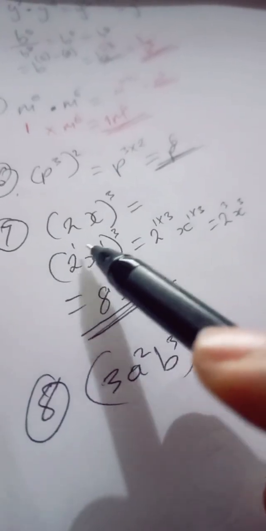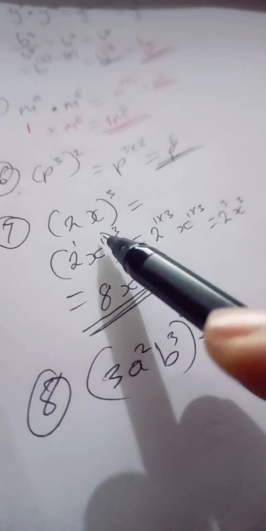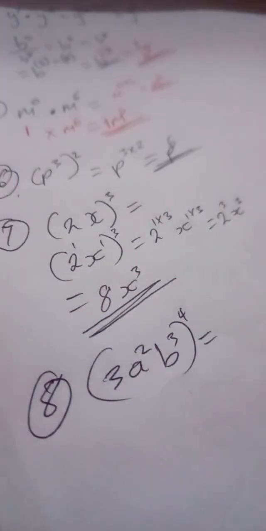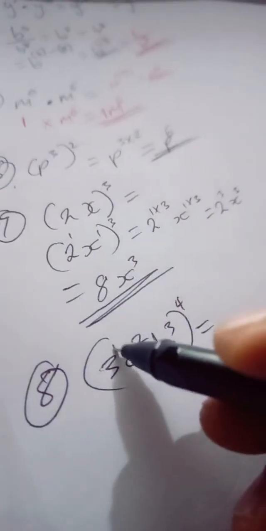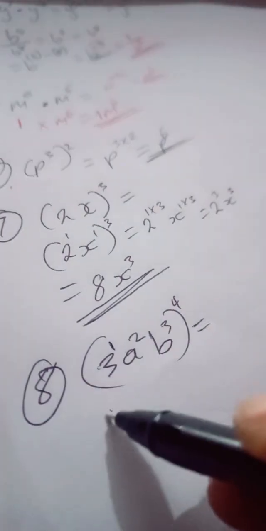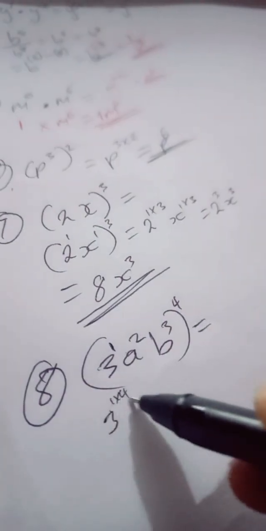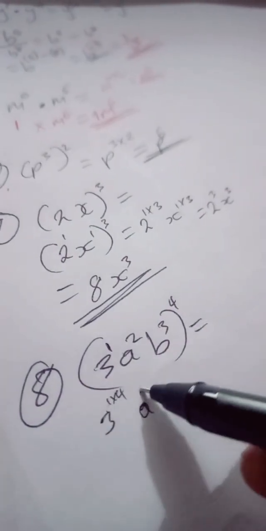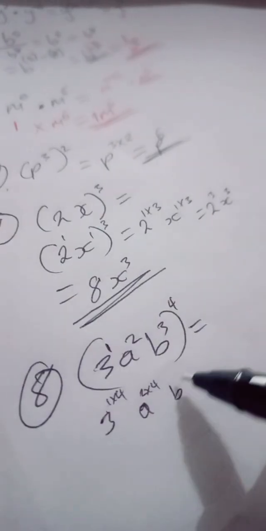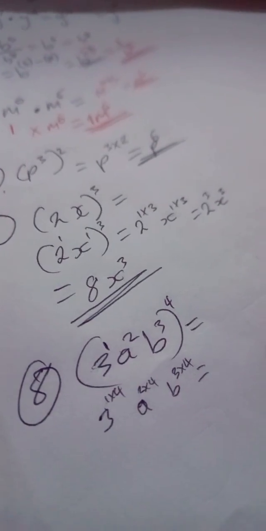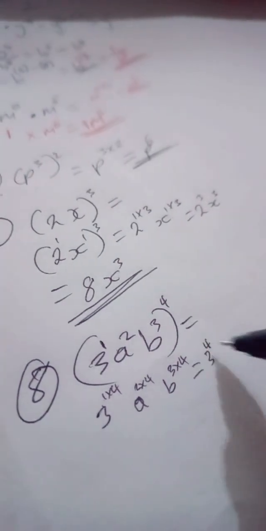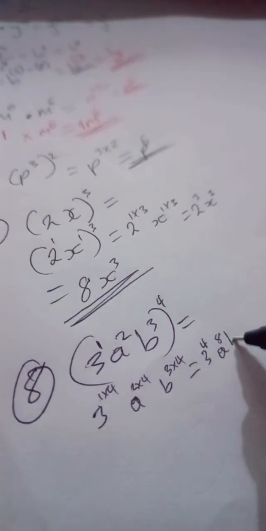So you are going to come here. Remember, we talked about this. Every number, every variable, is to the power of 1, right? So this is going to be 3 to the power of 1 times 4, a to the power of 2 times 4, b to the power of 3 times 4, which is 3 to the power 4, a to the power 8, b to the power 12.